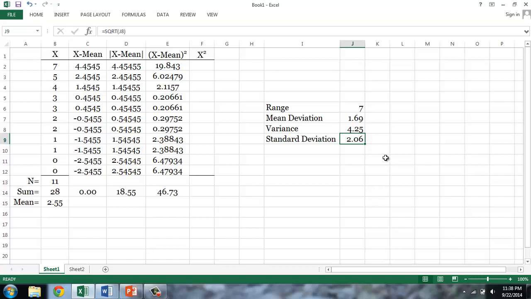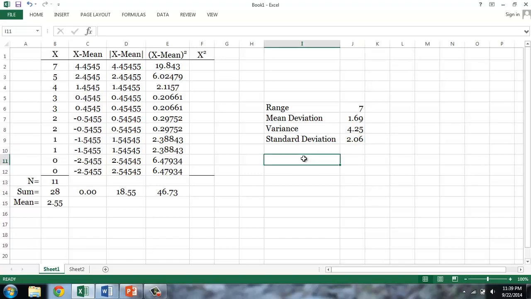The result is 2.06. This means that, on average, an observation in this set of data deviates from the mean by 2.06 units. The mean deviation and the standard deviation have similar interpretations, but have slightly different values due to the slightly different ways that we calculate them.